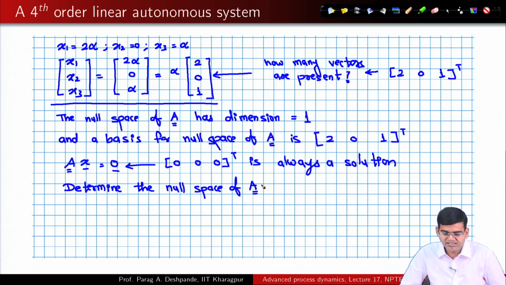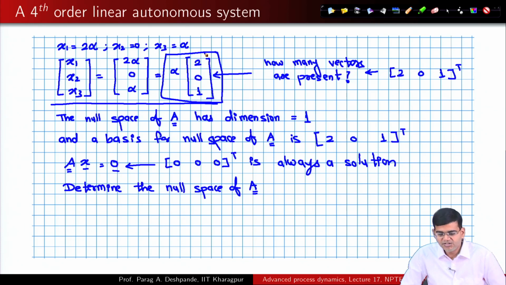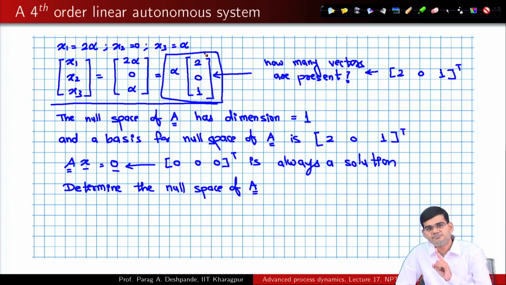So, for the current case what you got was this. Once you write this in the present case, for example, alpha times the vector [2 0 1], then you say that the null space has a dimension of 1, which means that if you know one vector, non [0 0 0], then every single multiple would be a solution of your equations which would give A x equal to 0.